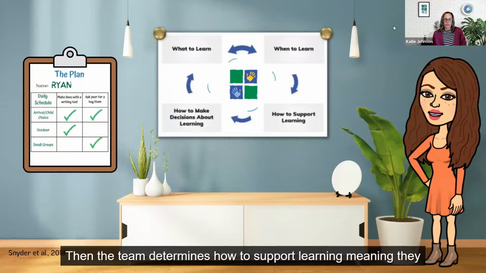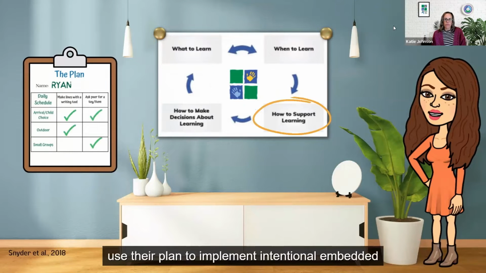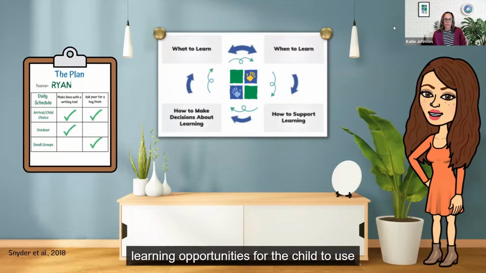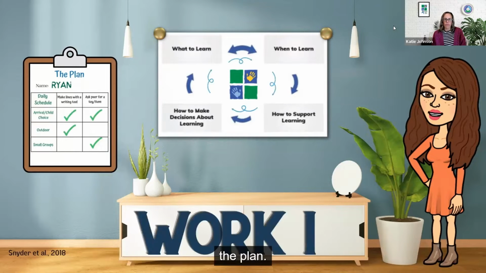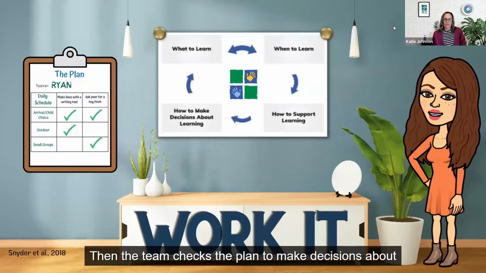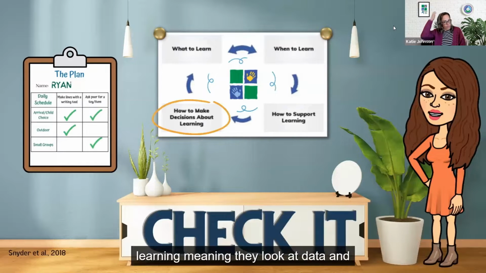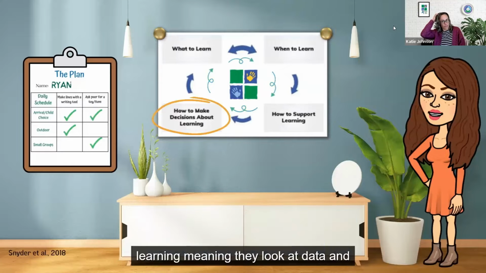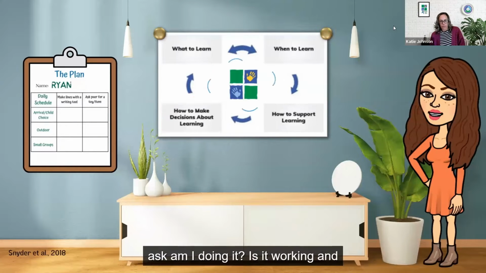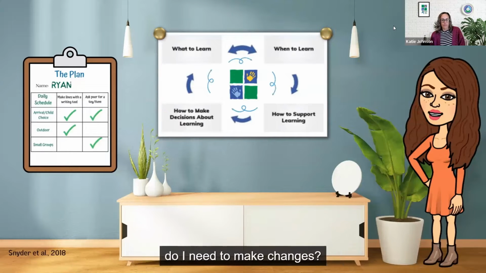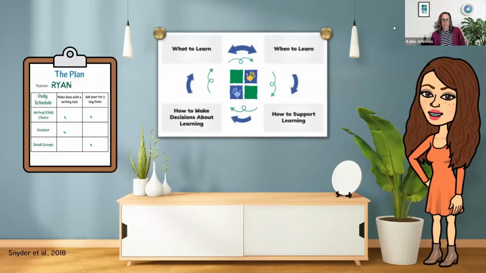Then the team determines how to support learning, meaning they use their plan to implement intentional embedded learning opportunities for the child to use and practice those specific skills. They work the plan. Then the team checks the plan to make decisions about learning, meaning they look at data and ask, am I doing it? Is it working? And do I need to make changes?